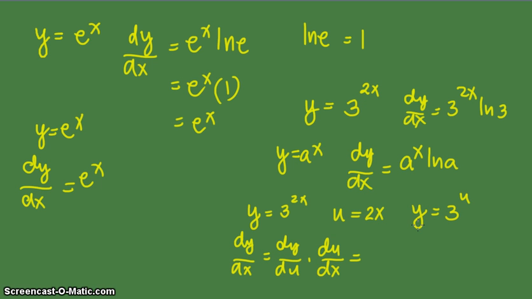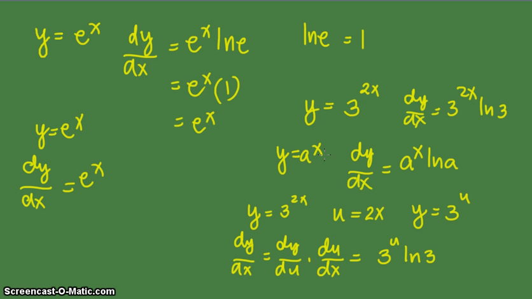And that makes the basic rule applicable because the expression is already a number raised to an expression like u, which is just the same as if it is an x. So the derivative of y with respect to u is simply 3 to the u ln of 3.